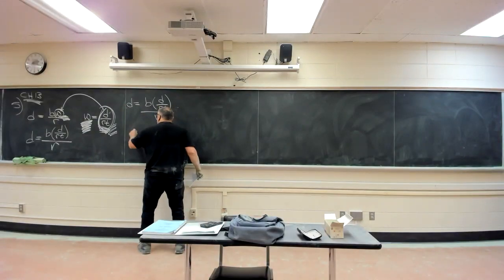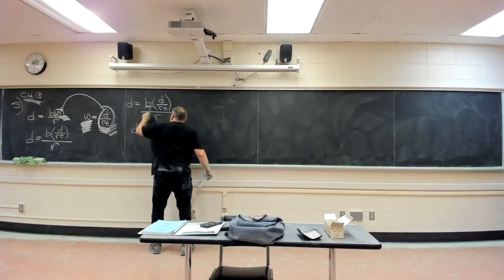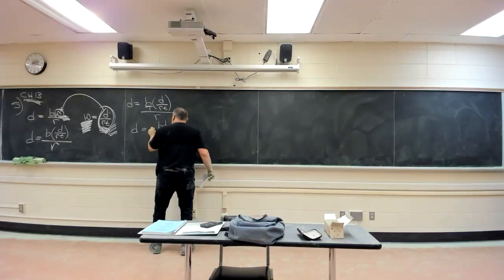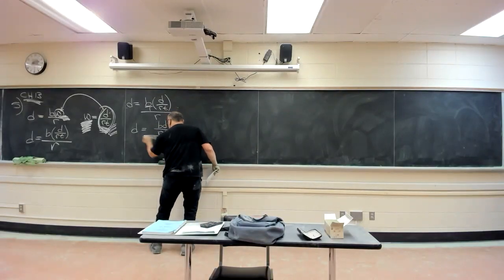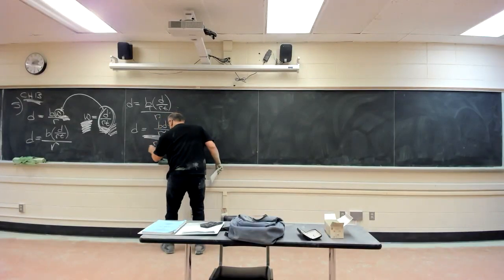Is it true B is really B over 1? B times D is BD. RT is on the bottom. R is the same as R over 1.